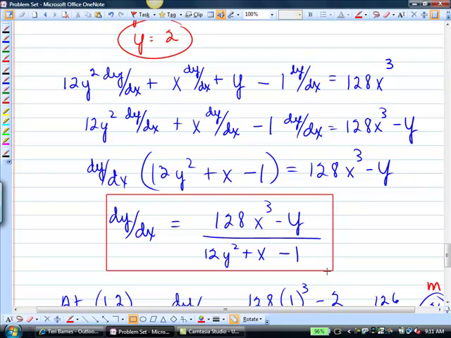Anybody come up with that? Or on the road to coming up with that? Did you get it? Good. What's your next step after you get that derivative? Plug in the (1, 2). So 1 for x, 2 for y.